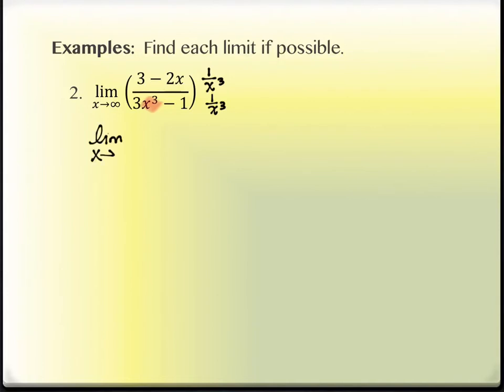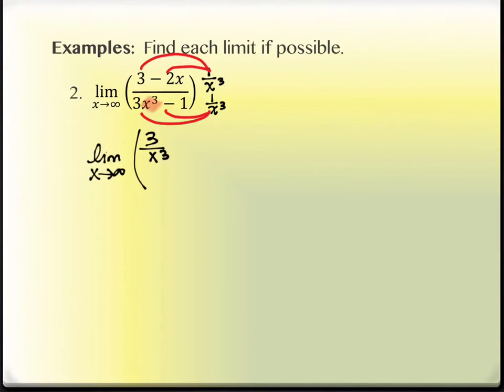So the limit as x approaches infinity of, and I have to distribute, right? You guys are good at algebra, so we can do this. So I have 3 over x cubed. Move this down a little bit. I have 2x over x cubed, which is 2 over x squared. I have 3x cubed over x cubed, which is 3. And then I have 1 over x cubed.